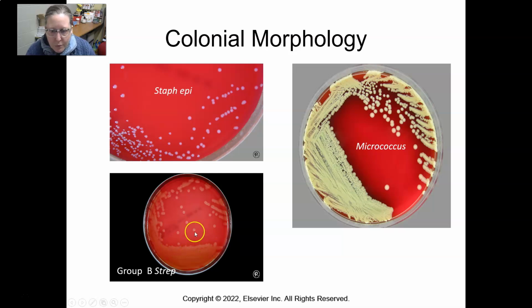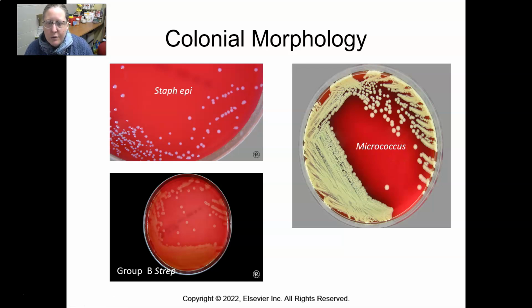This is Group B strep, and we see some beta hemolysis, some clear areas around the colonies. These are small to pinpoint colonies. Here, this Micrococcus has some small to medium-sized colonies, and it's a pretty yellow color. Brown colonies, entire margins, etc.